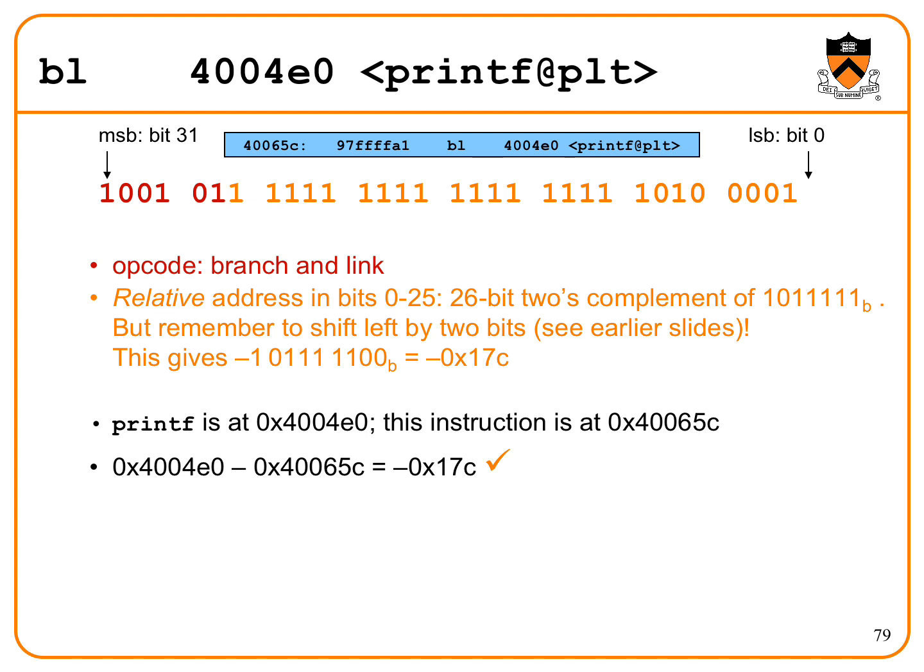But remember to shift left by 2 bits to restore the bits that we could omit because of the alignment guarantee that we talked about last time. So this is actually negative 101, 111, 100. So the negative means the location we're jumping to is before the current instruction by hex 17C. And this is indeed what the subtraction of 40065C minus 4004E0 would give us.